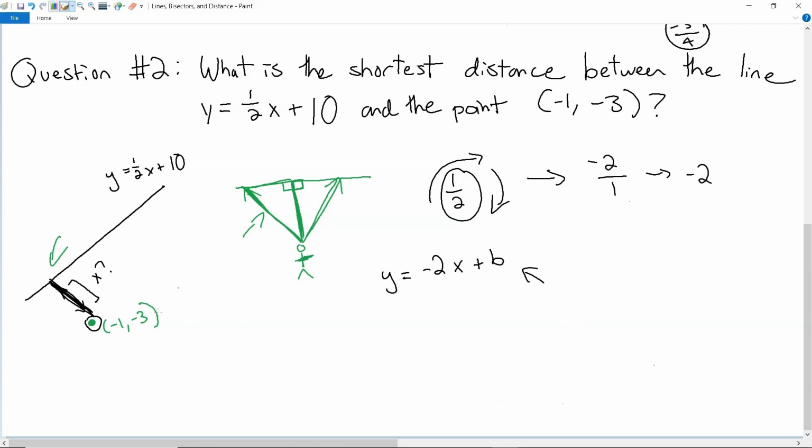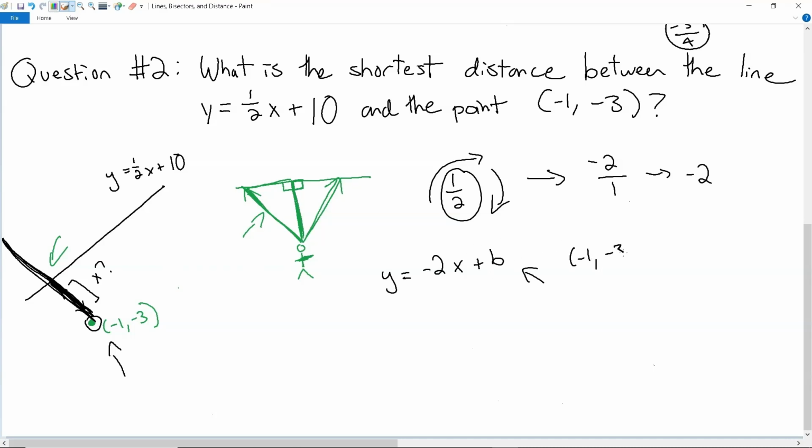Now, I can't use the midpoint of my original line because, again, we don't know that this reciprocal line cuts our original line in half, but I can assume that our point of negative 1, negative 3 is going to reside on the line because we're using it to solve for the shortest distance. So we are going to assume that our line hits that point.